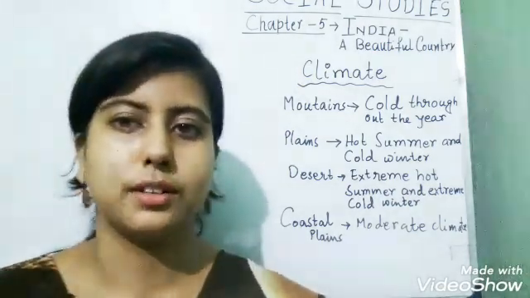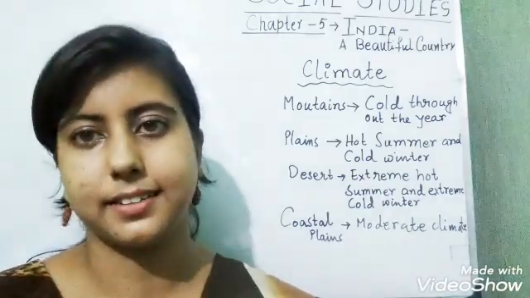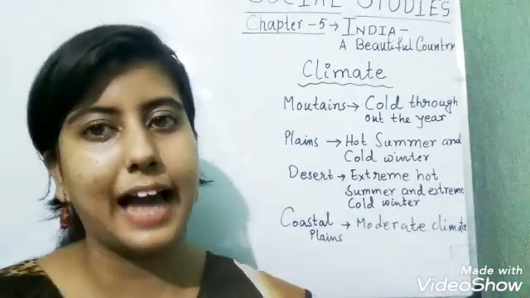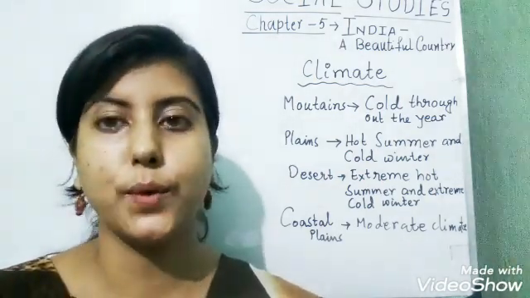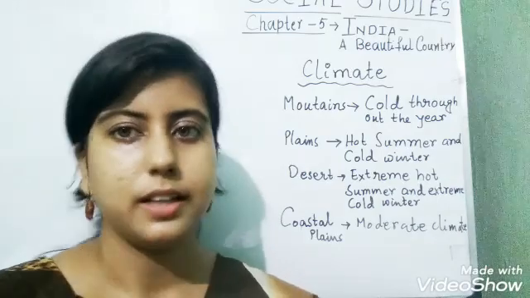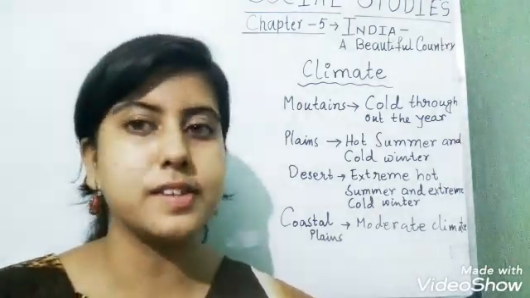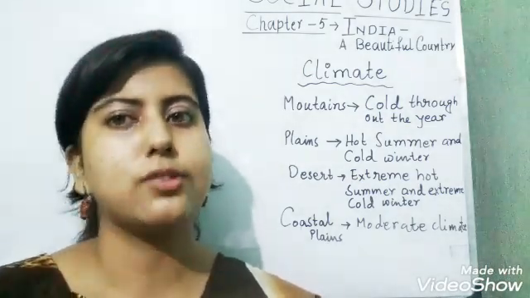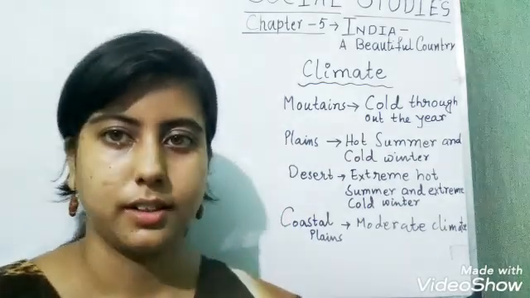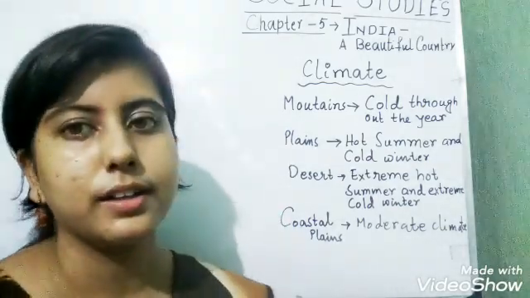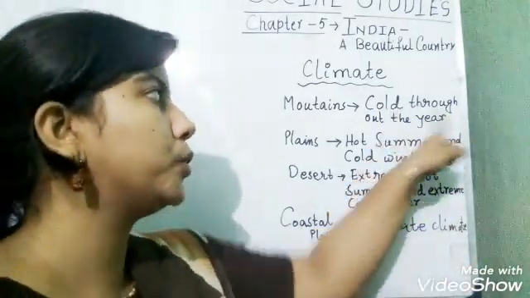As we all know, India is a country of diversity. Likewise, the climate of India is also very diverse throughout the country. This is basically because the physical features of India are so different throughout the country. So, where there are mountains, the weather is cold throughout the year.